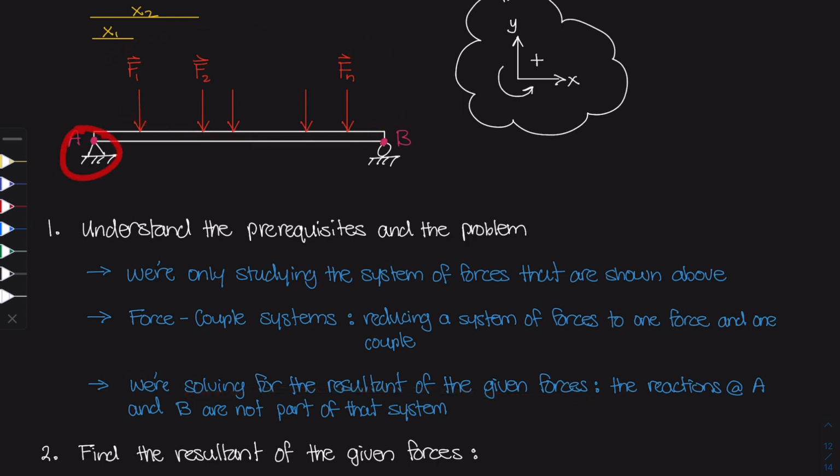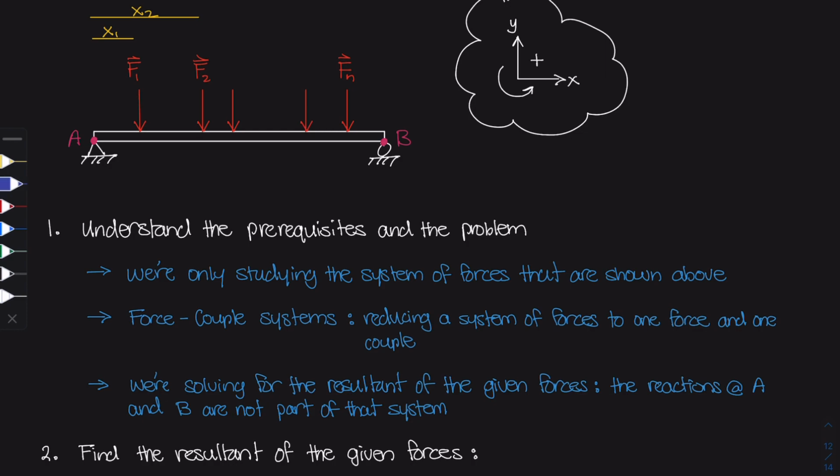The reactions at A and B have nothing to do with these forces that are applied. We are just trying to find the resultant of these forces, and then once we have that resultant and we know where it's located on this beam, then sure, you can go a step further and figure out what the reactions at A and B are and make sure everything is in static equilibrium. But for this particular problem, we are just finding the resultant of F1 all the way up to Fn, where n is just any number of forces.